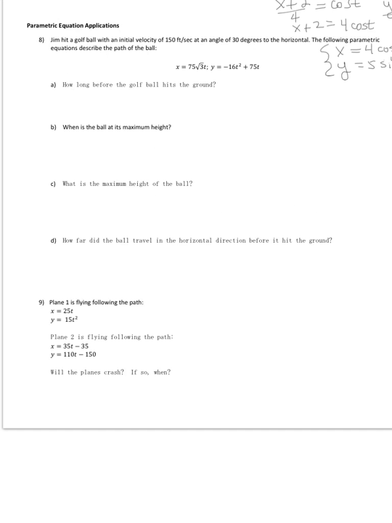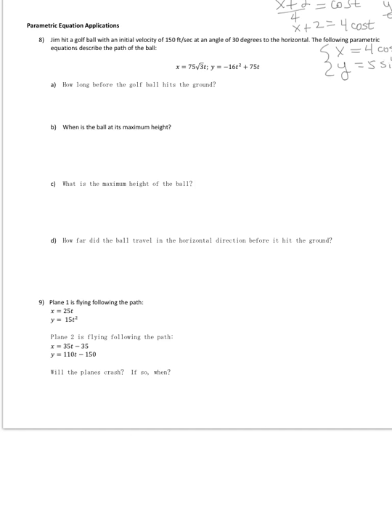Okay, so for problem 8, we have Jim hit a golf ball with an initial velocity of 150 feet per second at an angle of 30 degrees to the horizontal. The following parametric equations describe the path of the ball. So you don't have to create your own parametric equations here. They're already given.